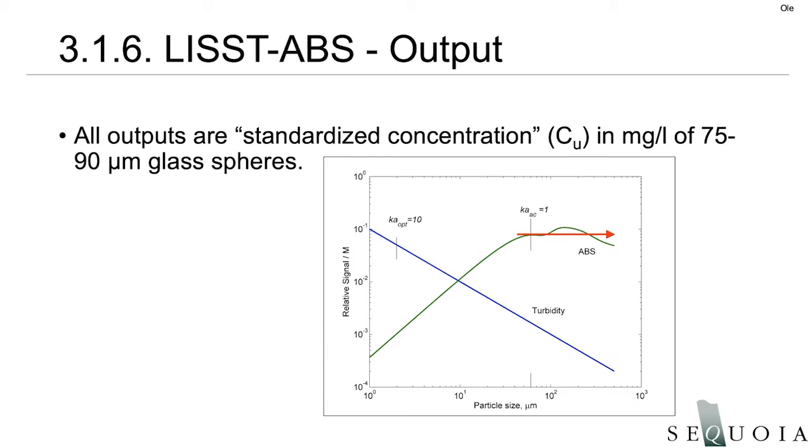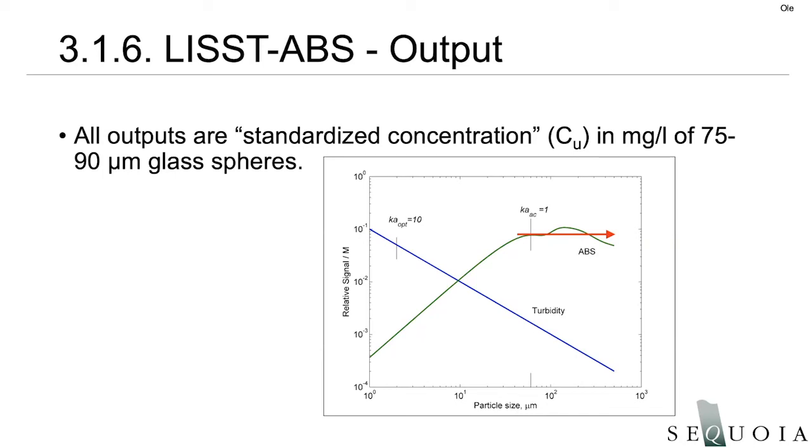So the output is what we call standardized because, and you'll see this when we get to the calibration section of this talk later this morning or afternoon, we calibrate the ABS in the lab using some 75 to 90 micron glass spheres because they're readily available and we know how to handle them and keep them well mixed and suspended, so we have a homogeneous suspension when we test and calibrate our instruments in the lab before they go out. We standardize the concentration, if you like, to these 75 to 90 micron glass spheres.